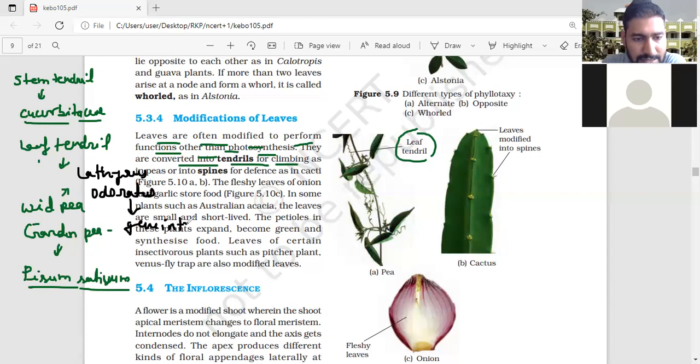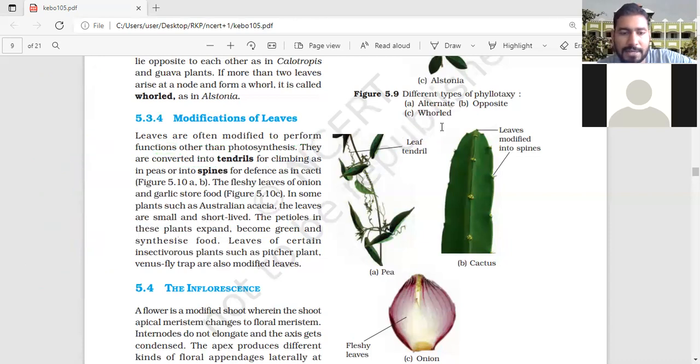For the gene interaction study, they use Lathyrus odoratus, it is known as the wild pea. So in Pisum sativum, garden pea, and Lathyrus odoratus, both have the leaf tendril. Is it clear? Is it okay, Shreya?